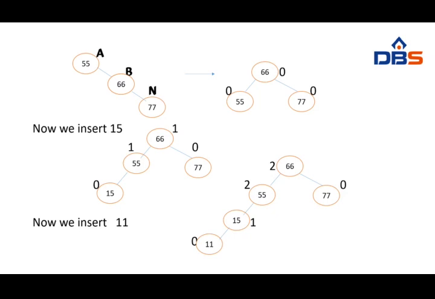So 55 and 77 are leaf nodes, the balance factor is 0, and 66 has one left child and one right child, that is 1 minus 1 equals 0. So it is balanced.